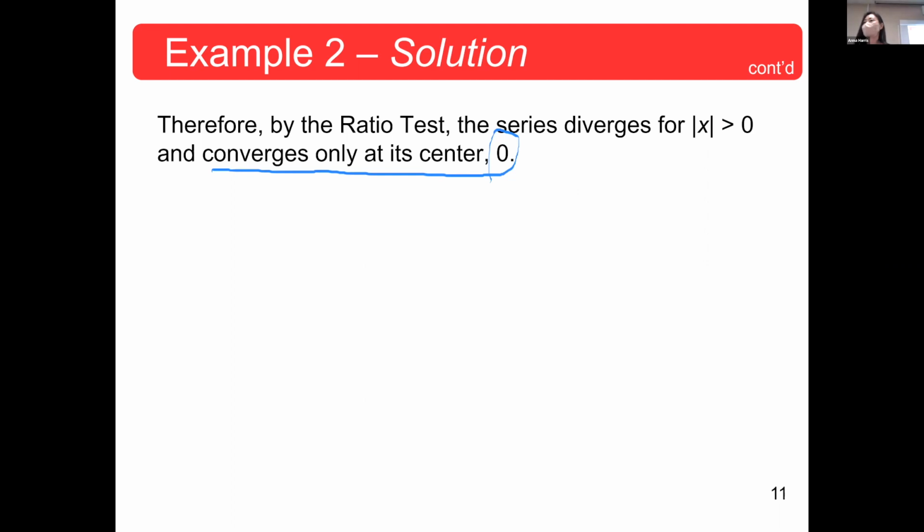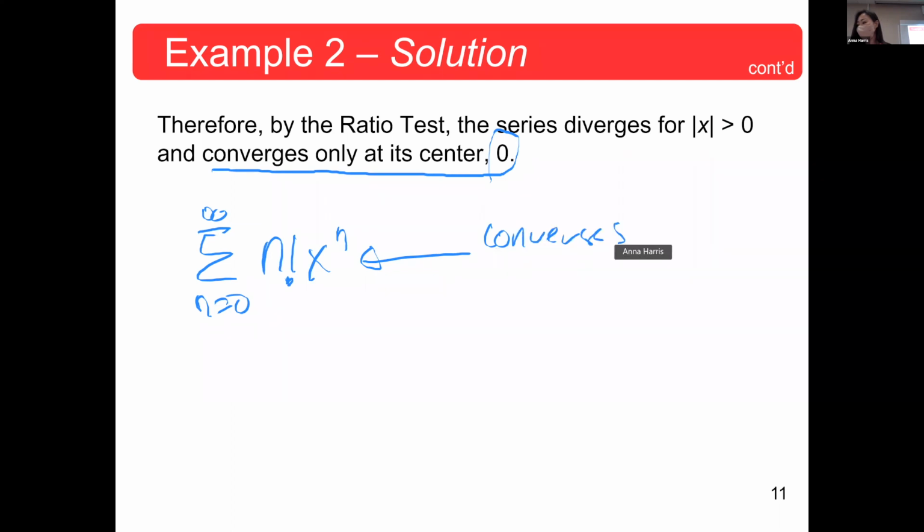Okay, so we did a ratio test. Yes, this is your problem. What did you just find out? It only converges where? X equal to 0, which is the center. And then what happened at other places?